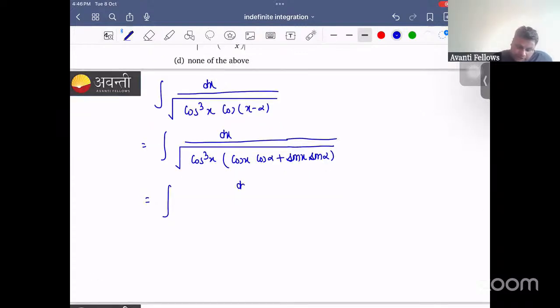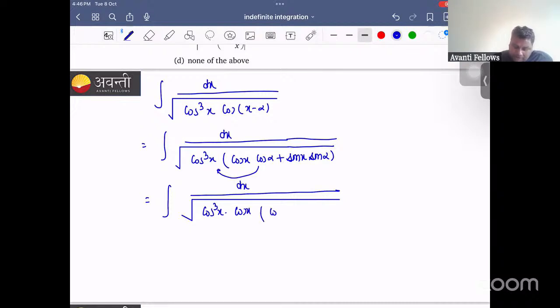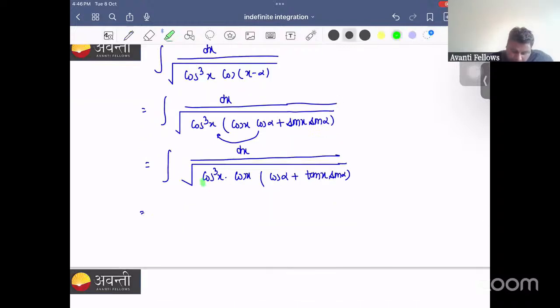Now this is integration dx upon, inside the root, see, cos cube x is already here. Take one cos x outside this bracket. So if you take cos x outside, you get cos alpha plus tan x sin alpha. Am I correct? Now this total is what? Cos to the power 4 x.